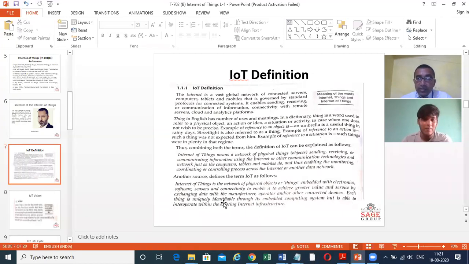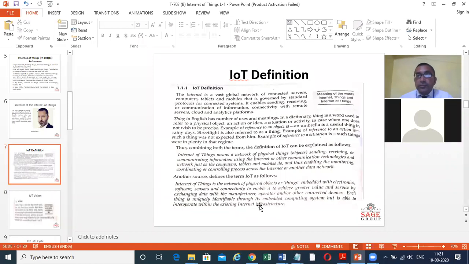Each thing is unique, identifiable through its embedded computing system. In this definition, one thing is extra: unique and identifiable, meaning everything has a unique number. We will discuss this later on, but it is able to incorporate within the existing internet infrastructure. So these were the two definitions of the Internet of Things.